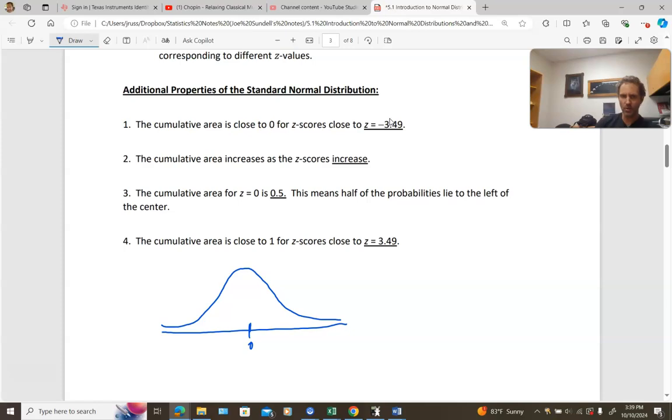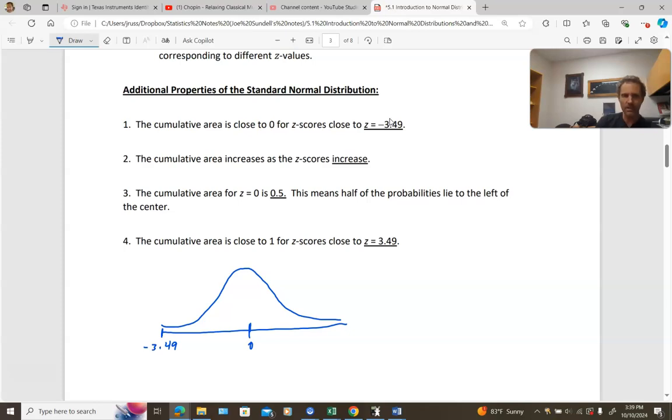And a z-score of -3.49 means it's a value that's 3.49 standard deviations to the left of the mean. So that's actually a long way away, because remember, most of the distribution lies within 3 standard deviations, so this is beyond 3.